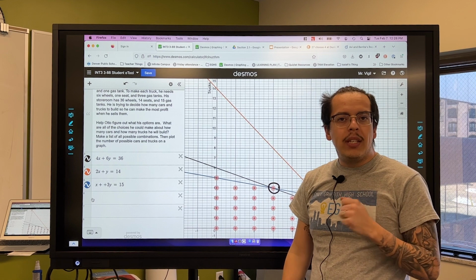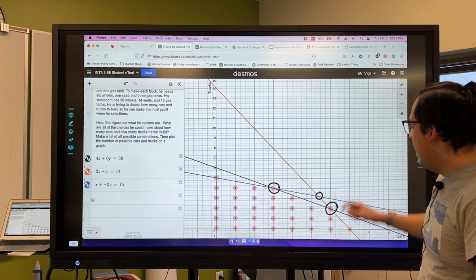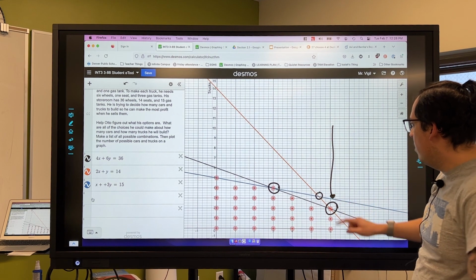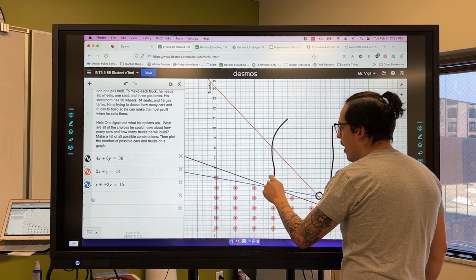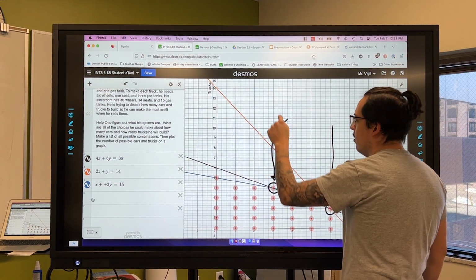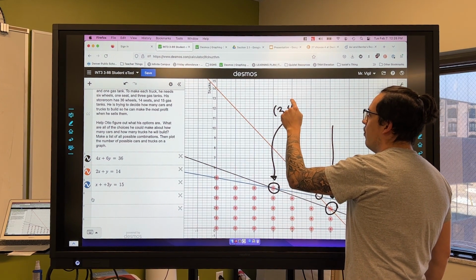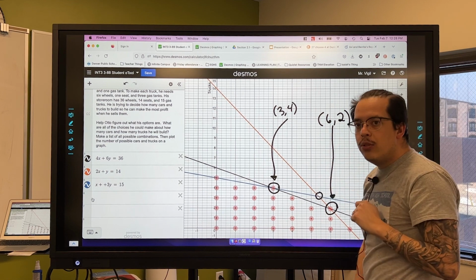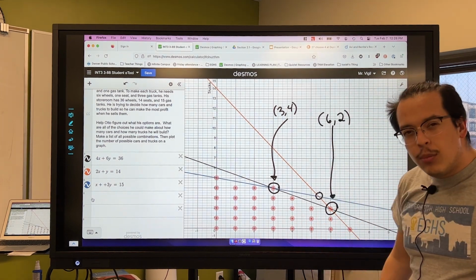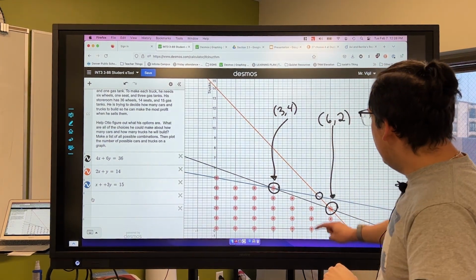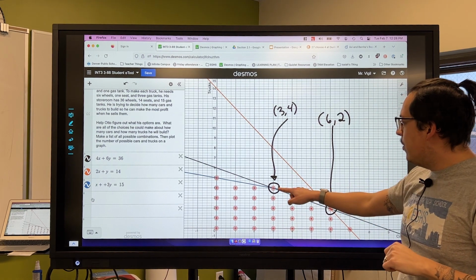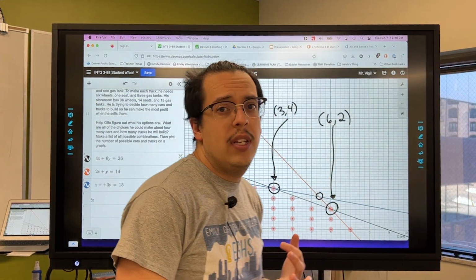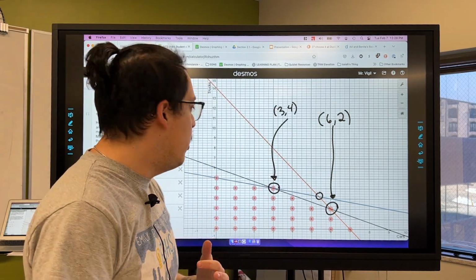But what's really interesting to me is that we have our intersections at two valid combos, 3 cars and 4 trucks, 6 cars and 2 trucks. And what's even more interesting to me is that these intersections align with those previous optimal solution points that we found in previous videos.